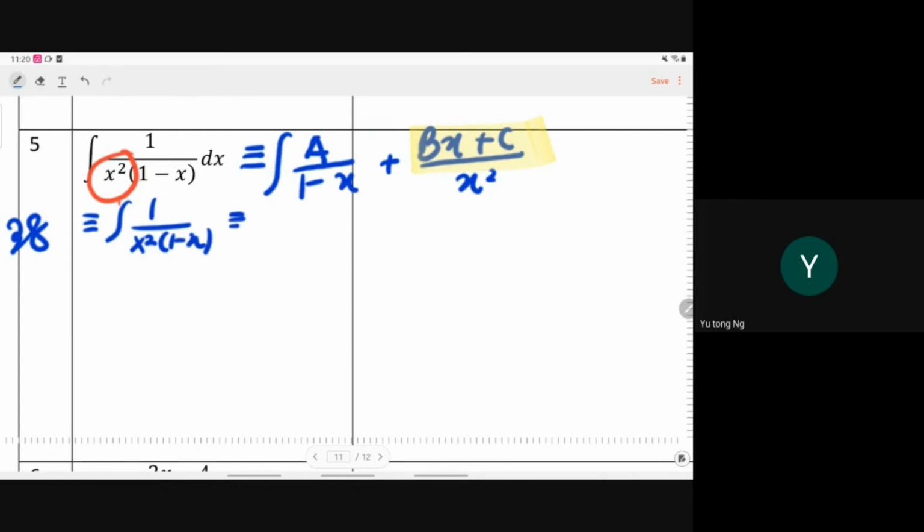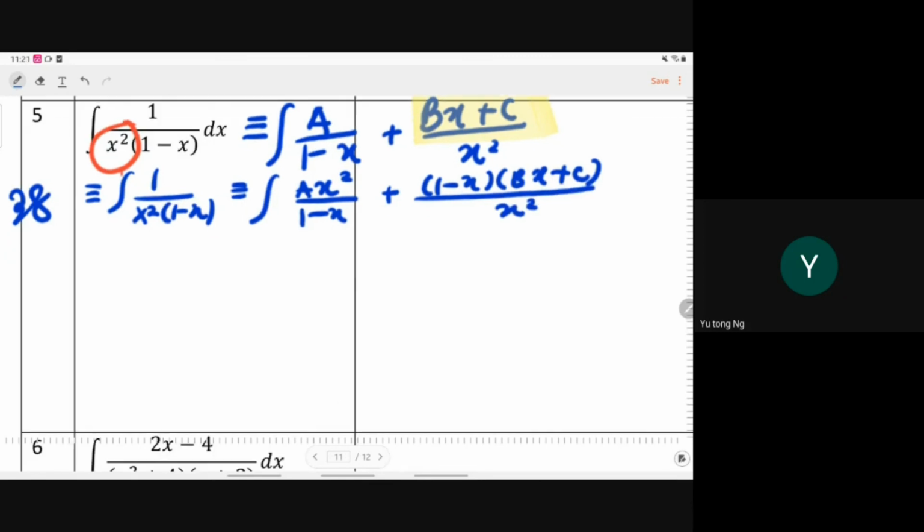Okay, equivalent to integrate A over (1 minus x) plus (Bx plus C) over x square. So we're going to find out the atas tu dx. Okay, so 1 equivalent to A x square plus (1 minus x)(Bx plus C).